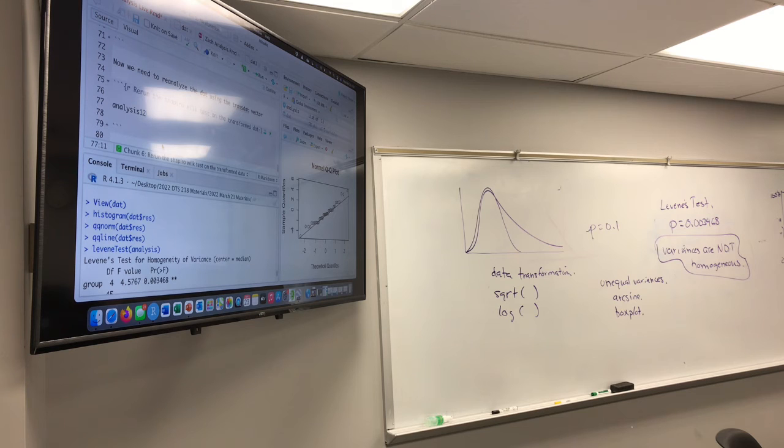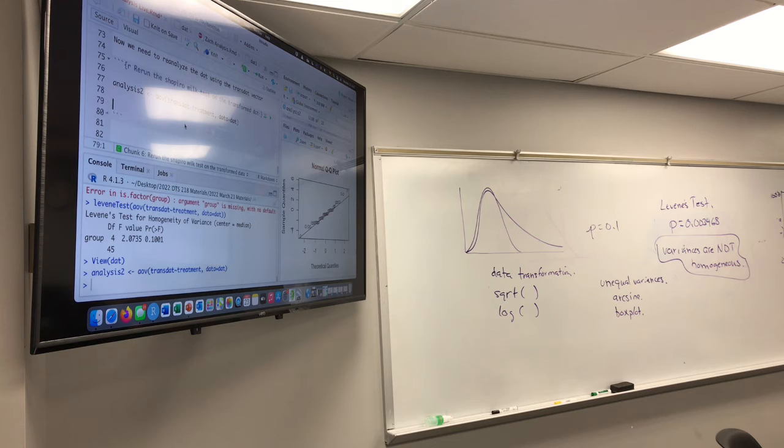We'll just call this analysis 2, and use the assignment operator to change our model to analyzing transdat rather than the original growth increment data. Then whenever we need to run something, we can just get this new model.